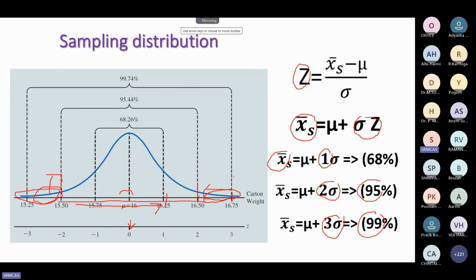Here we can estimate the probability value for one standard deviation, two standard deviations, three standard deviations, like 68, 95, 99. But what about 1.5 standard deviations, 2.5 standard deviations, or 1.9 standard deviations? These probability values are calculated and tabulated in z tables.